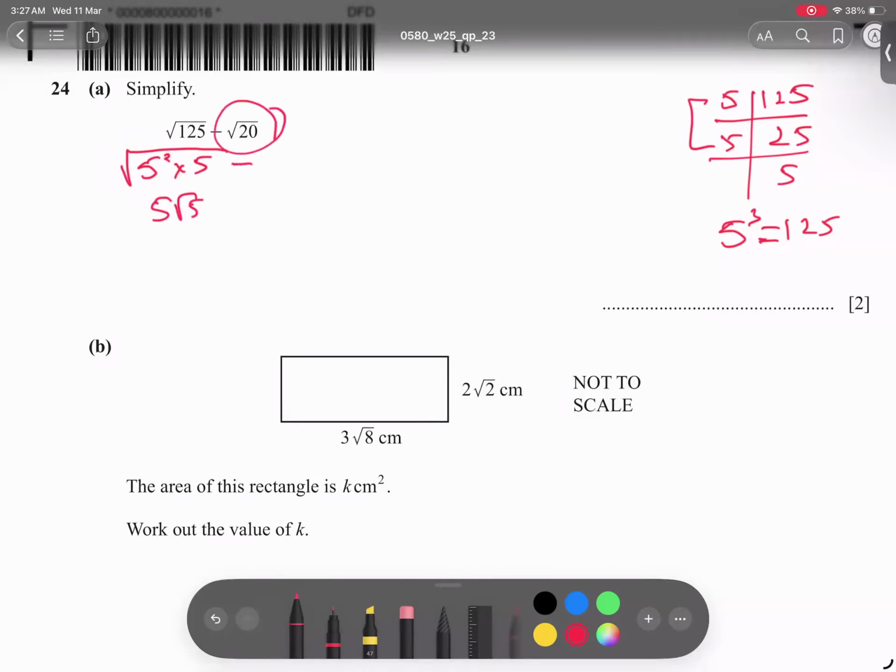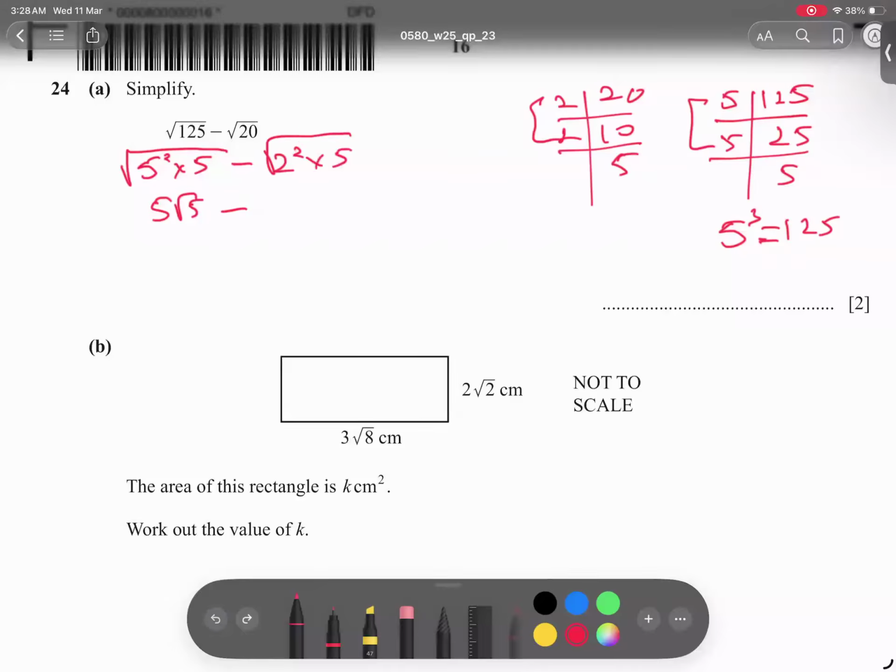What about this root 20? I can say easily 4 fives are 20, and root 4 is 2. So I can write like this, or you can do it like this also: 2 tens, 2 fives, over 2. So I can write 2 square into 5. This is another way.